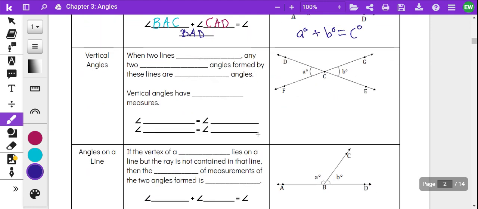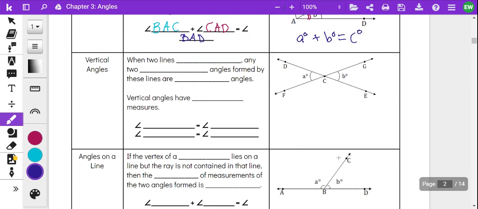We're going to move on to vertical angles. Okay, when two lines cross, any two opposite angles formed by these lines are congruent angles.